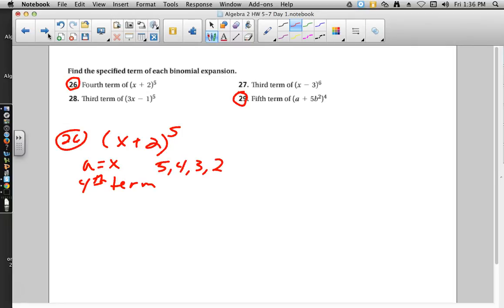So I'm going to use the second power for my x in order to make sure that I have the fourth term. And then my b value up here is a 2. Now, this power that I have for my a and the power that I have for my b have to add up to the highest power available, which is a 5. So if I have a 2 for my a term, I'm going to need a 3 for my b term.